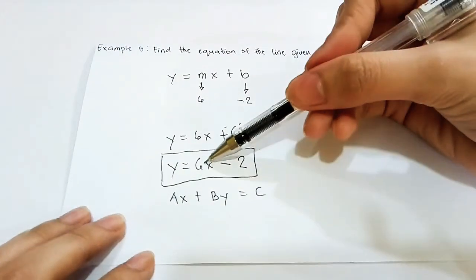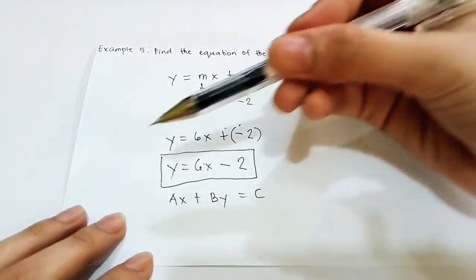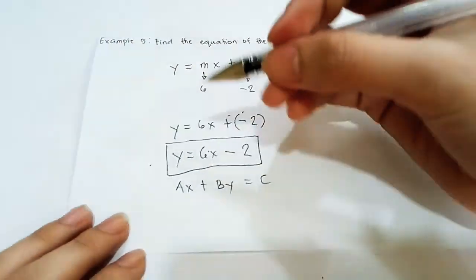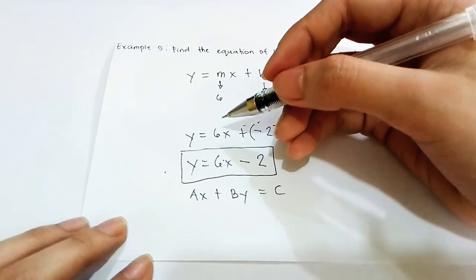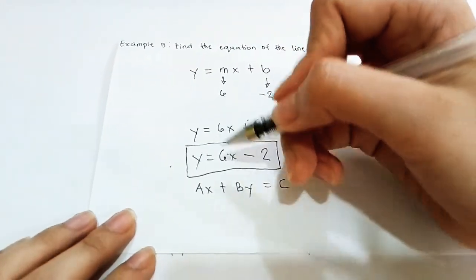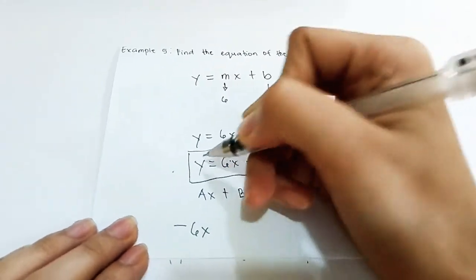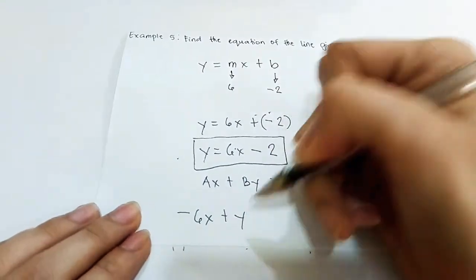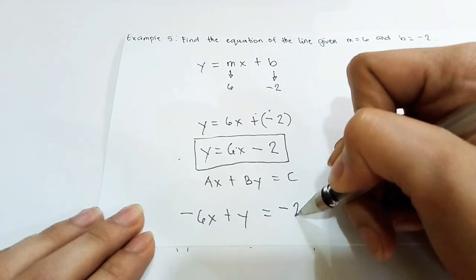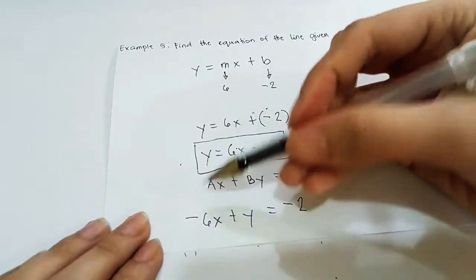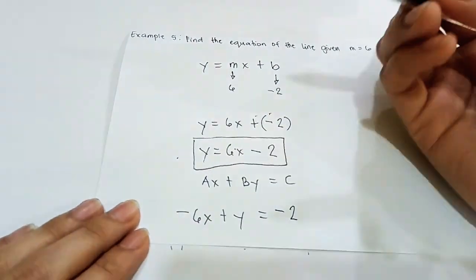So we can transfer 6x to the other side of the equation. So positive 6x becomes negative 6x, and copy y, copy negative 2. And then the first term must be positive.